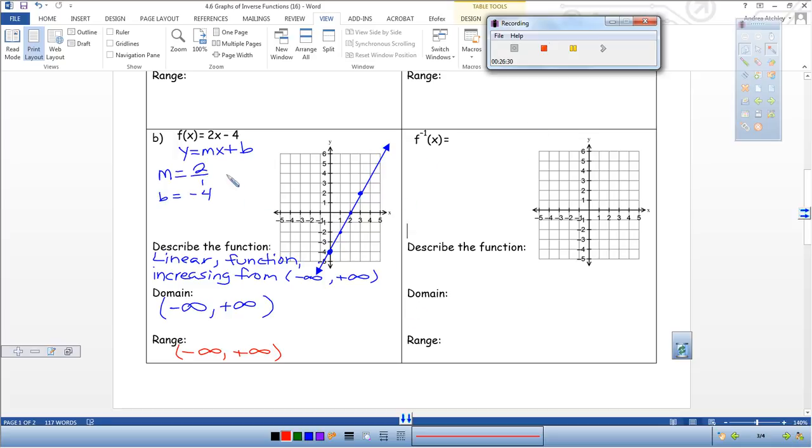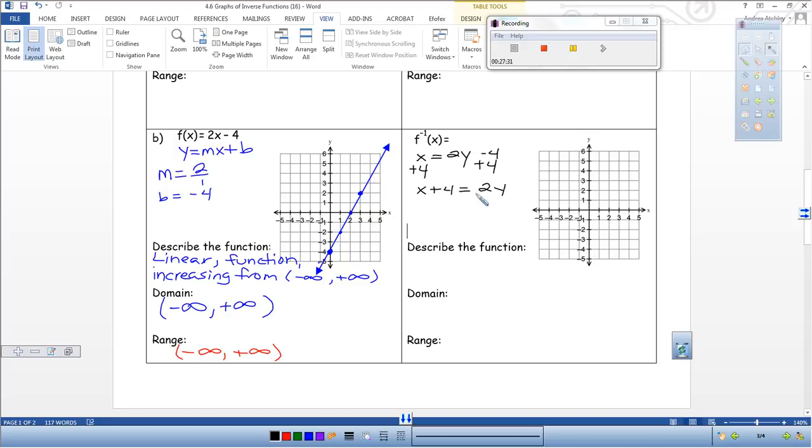Okay, so now the inverse. We're going to take that original equation and replace the x and the y. Okay, everyone solve that for me. Find the inverse for me. Okay, add 4 to both sides, right? And then you get x plus 4 equals 2y.